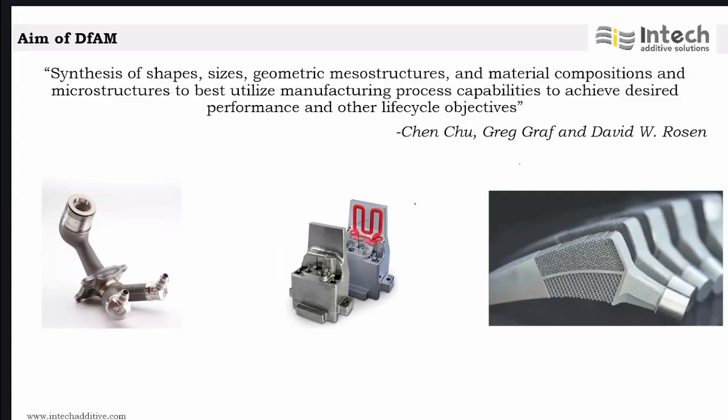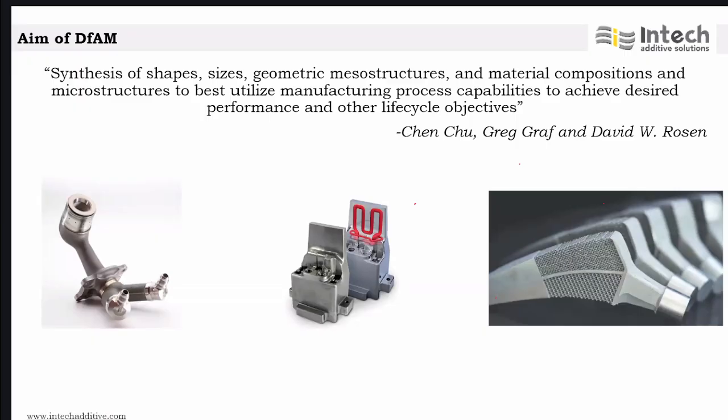So what is the aim of DFAM? This has been stated by the pioneers of 3D printing technology, or additive manufacturing. It is the synthesis of shapes, sizes, geometric mesostructures, compositions, and microstructures to best utilize manufacturing process capability to achieve the desired performance and other life cycle objectives.